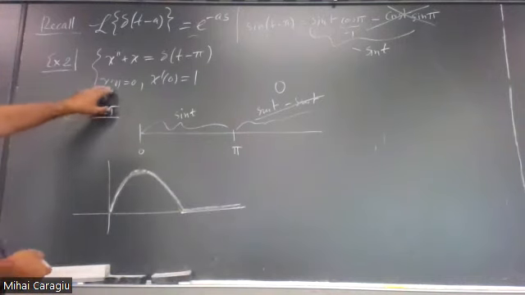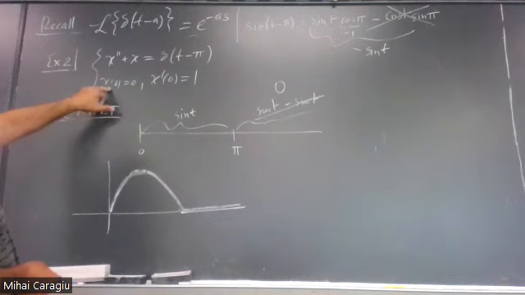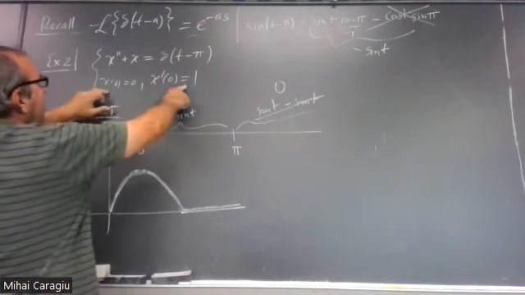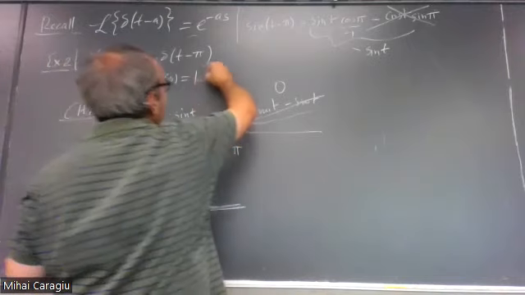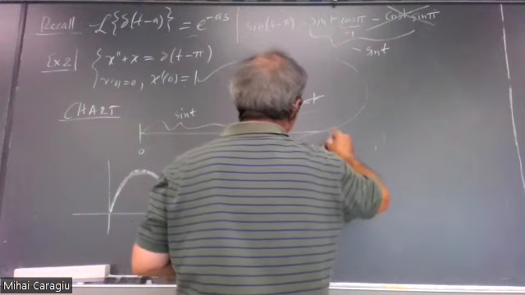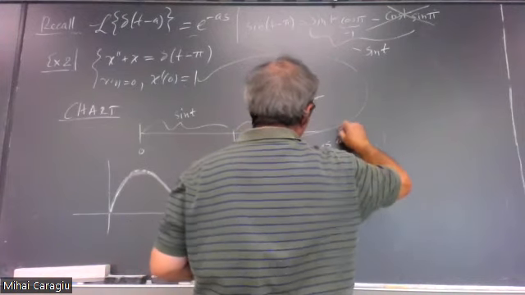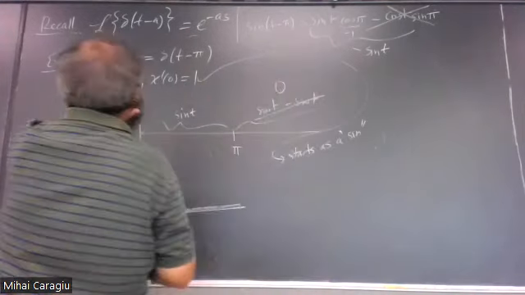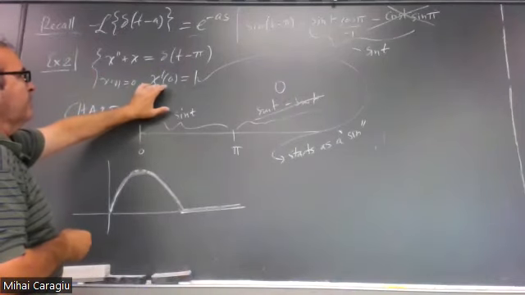Okay, so by using the initial conditions, this oscillator starts as a sine function, because sine at 0 is 0, and the derivative of sine at 0 is 1.